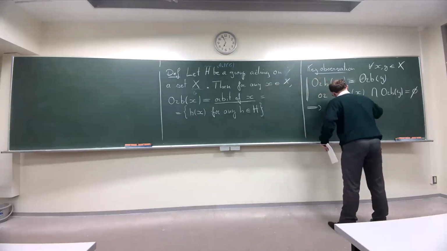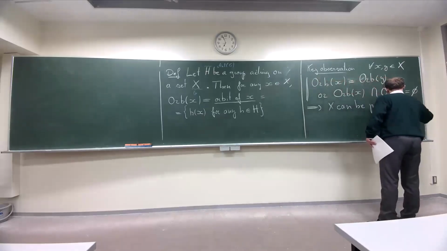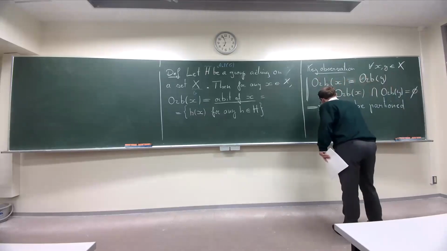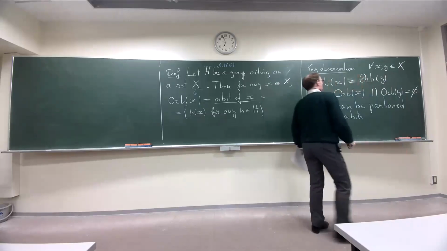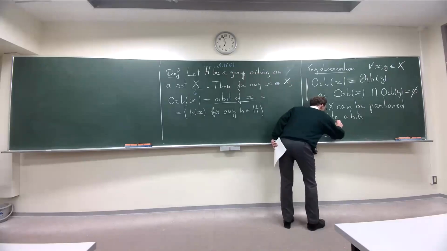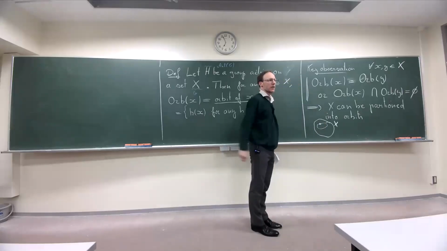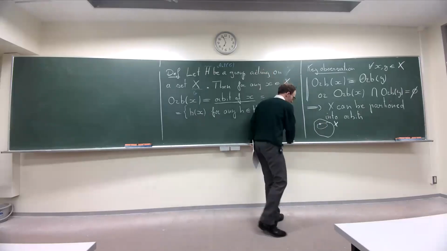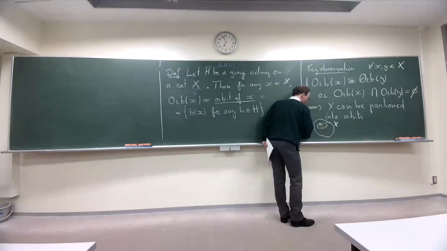This observation says that X can be partitioned into orbits. I will explain. What does it mean? Okay, it's a little bit abstract, but you have a set X. You take a point. You look at its orbit, so the set of images of this point by the group, and then take a point which is not in this orbit, you have a second picture like this.